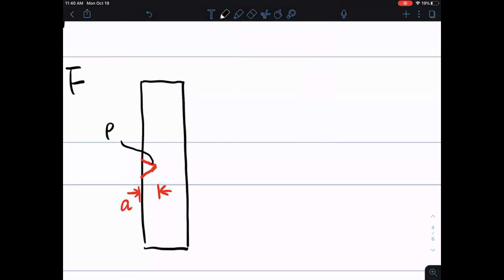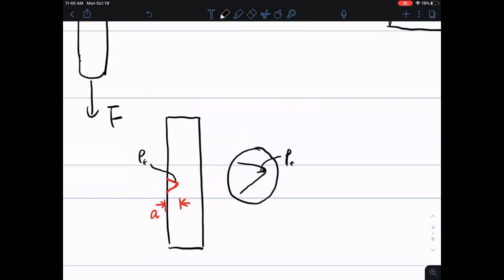The radius means if we zoom into this crack, we're looking at what is that radius. You can think about that as a circle. Radius rho t of the crack. So if we have just one crack in that material, it would totally change the maximum stress we have.